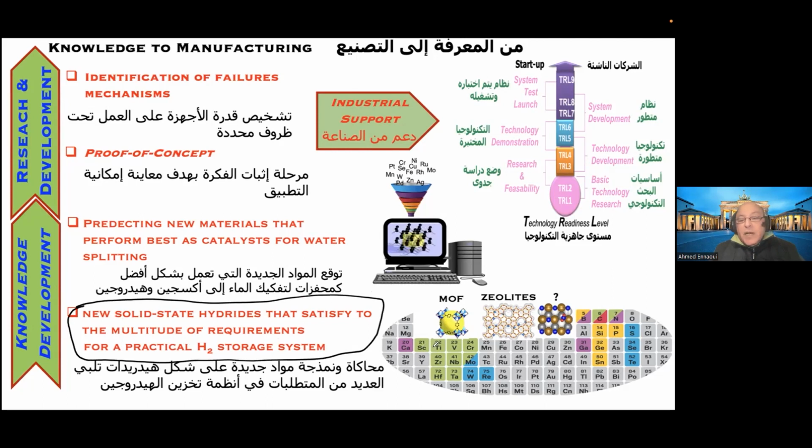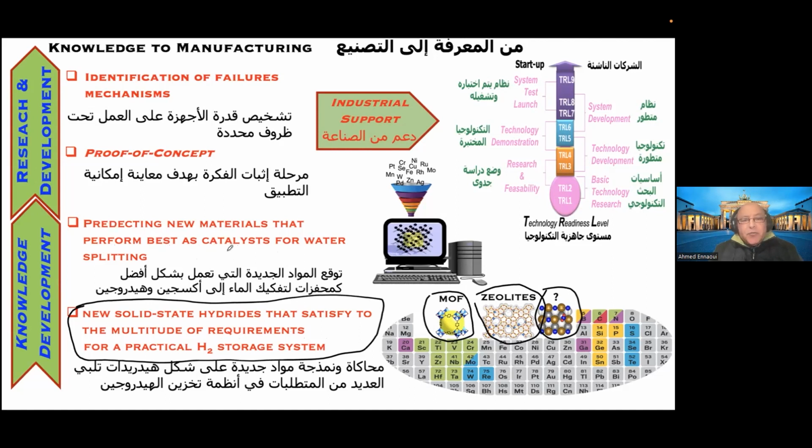Okay, I just put here some known catalysts like zeolite, for example, or new catalysts that you can find by yourself if you use quantum mechanics. Whatever for hydrogen storage or for catalysts, you have to predict new materials.